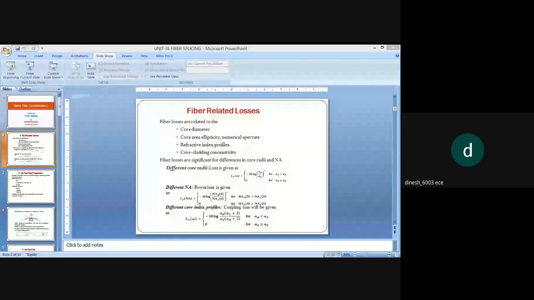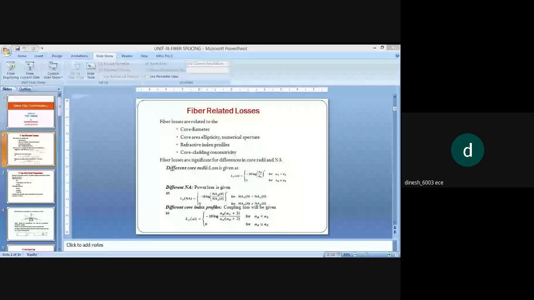If the fibers have different core index profiles, the loss L_F of alpha is given by a formula in terms of alpha_R and alpha_E, if alpha_R is less than alpha_E; it is 0 if the receiver's value is greater than the emitter's.